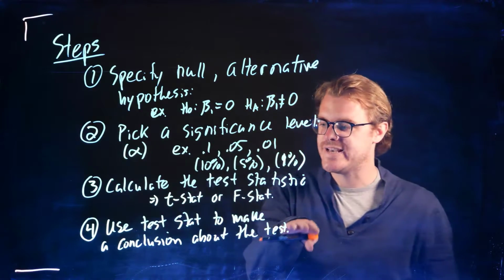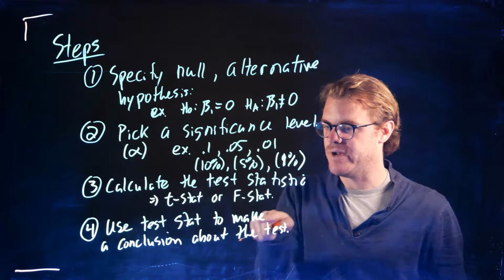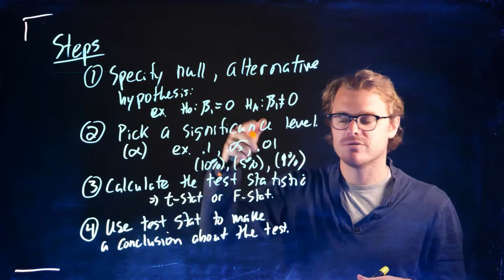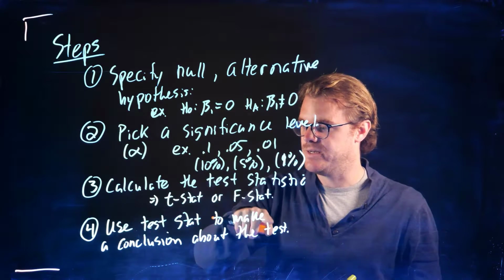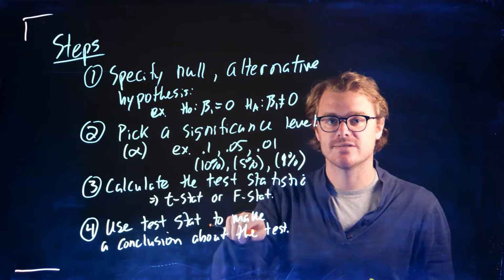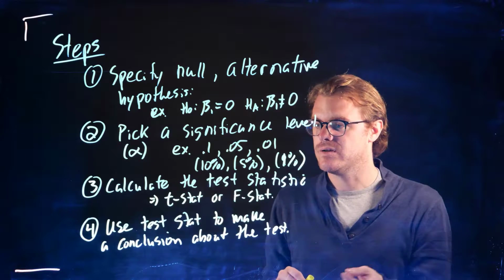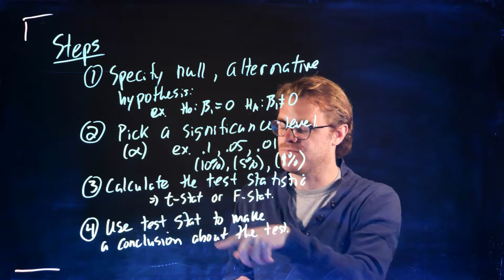There are two ways we can think about using this test statistic to make a conclusion. Remember, we're going to reject the null or fail to reject the null. Let's talk about two different ways that we could come to a conclusion. One's going to be using critical values, and one's going to be using the p-value. So let's quickly erase this and expand on this fourth step here.